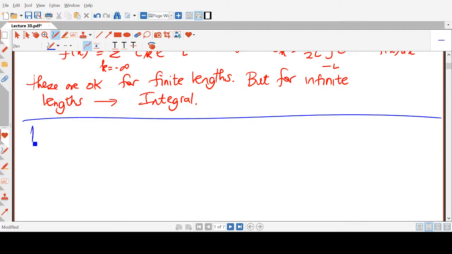So the Fourier integral theorem is like this. And you'll see it bears a strong resemblance to what we have above.